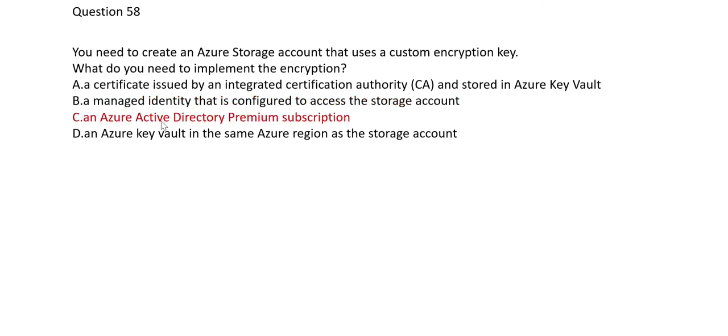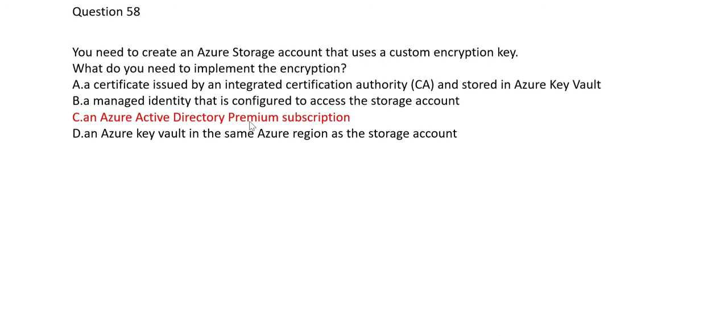Now option C, premium subscription for Active Directory. Suppose you are working for some big financial client, and they have a hybrid environment. That means they have some applications on premises, and some applications on the Azure cloud platform as well. Now, you don't want different AD usernames and passwords when you access resources on premises and on Azure.